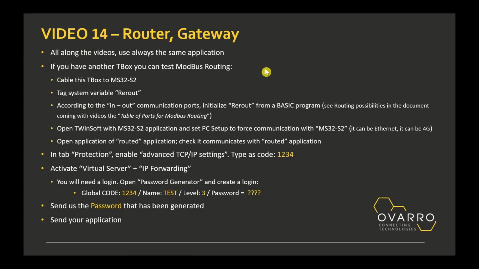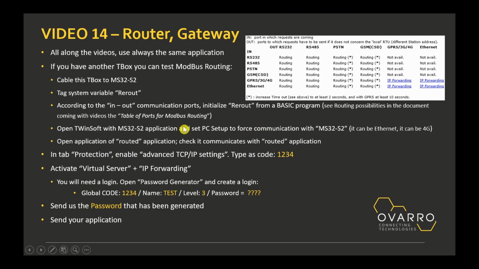For this video, if you have another T-box, you can test the Modbus routing. So you cable this second T-box to MS32S2. The easiest is to use RS-485 cabling. You tag the system variable reroute and you initialize it according to the in-out port that you use. By the way, in the document coming with the videos, you have a table with all the ports and the availability of routing.